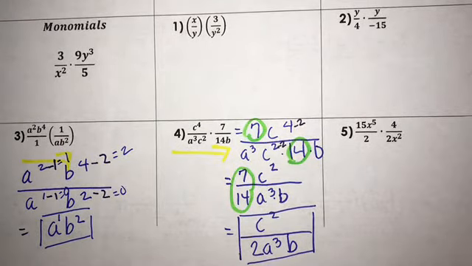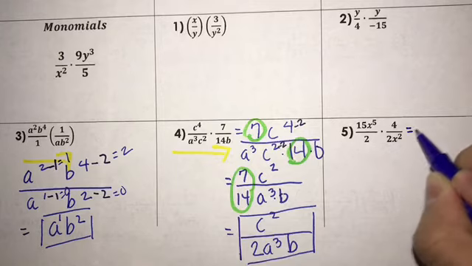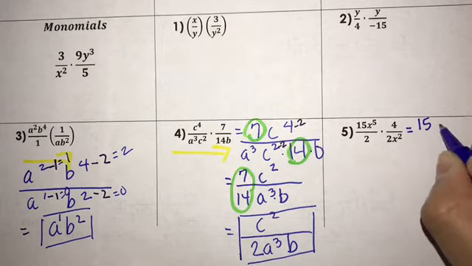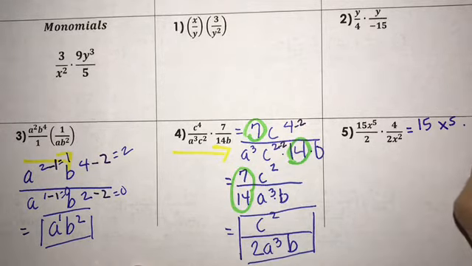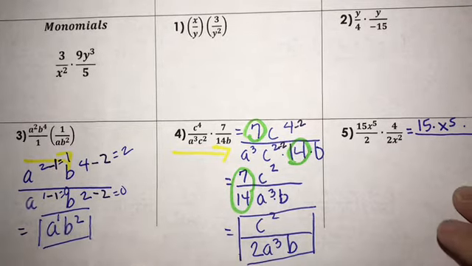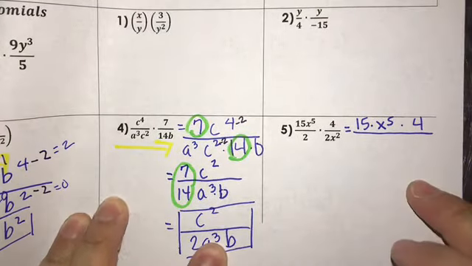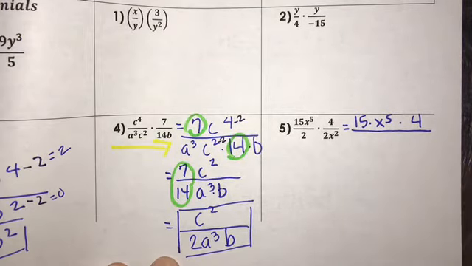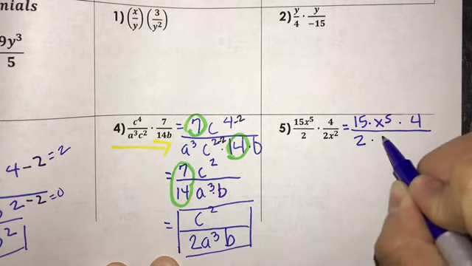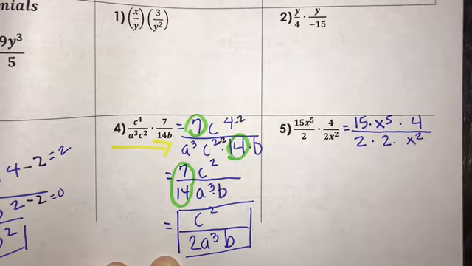Okay, so then we have number 5. So I'm going to get 15x to the 5th times 4 divided by, so you can see it, times 2 times x squared.